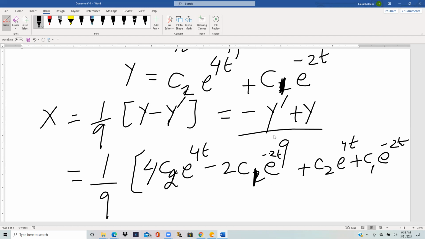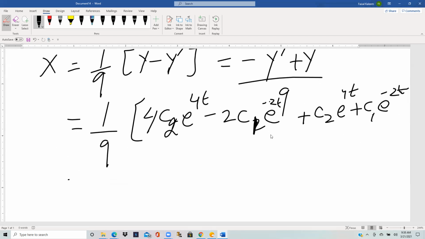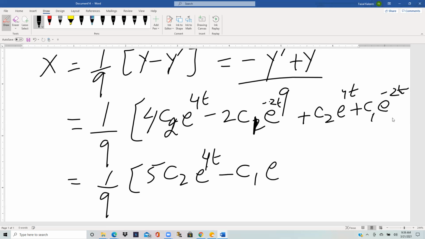Now simplify. So 1 over 9 and 4c2 e to the 4t plus c2 e to the 4t would be 5c2 e to the 4t, and minus 2c1 plus c1, so it'll be minus c1 e to the negative 2t. Okay, so that's for the y.